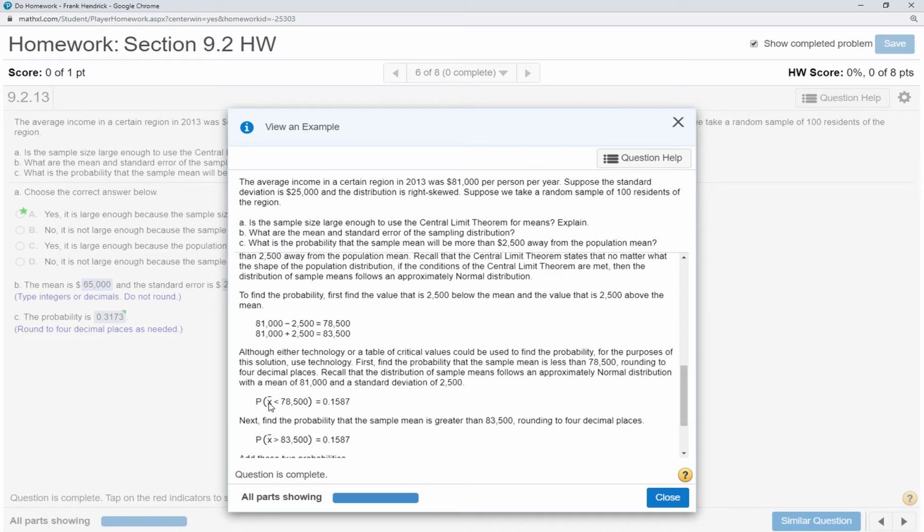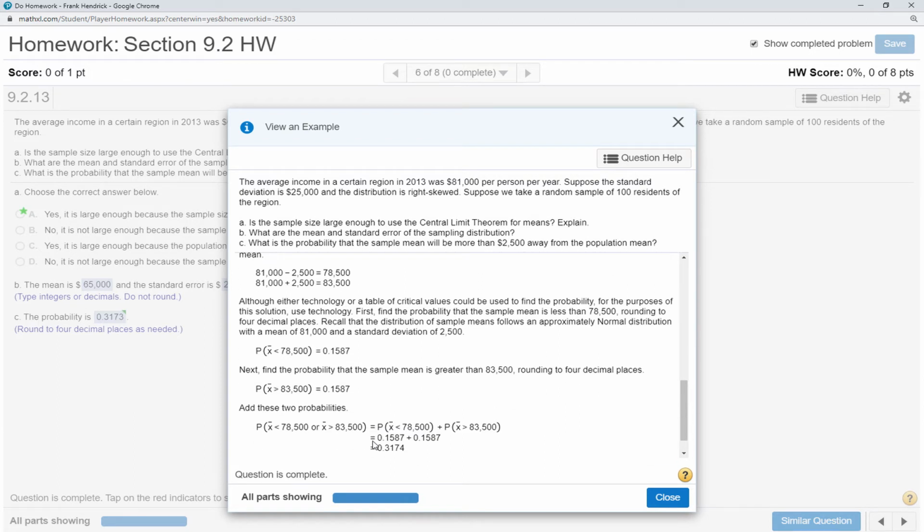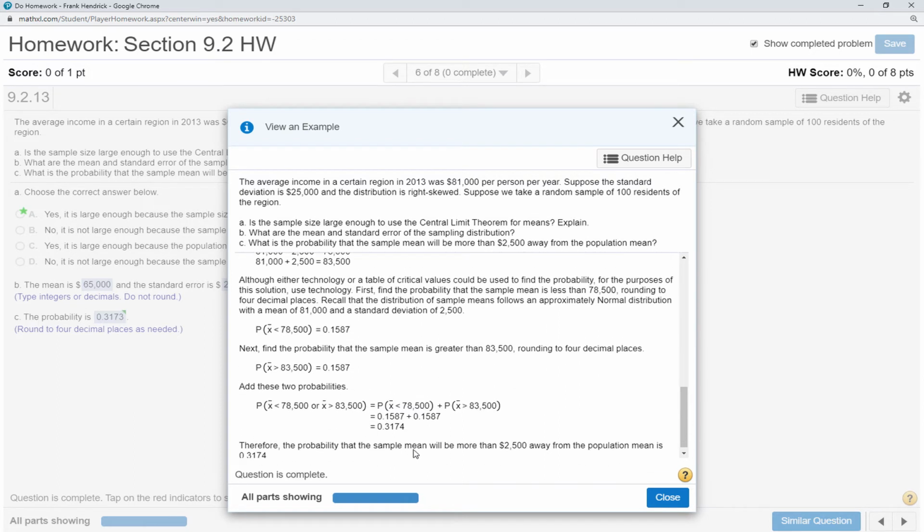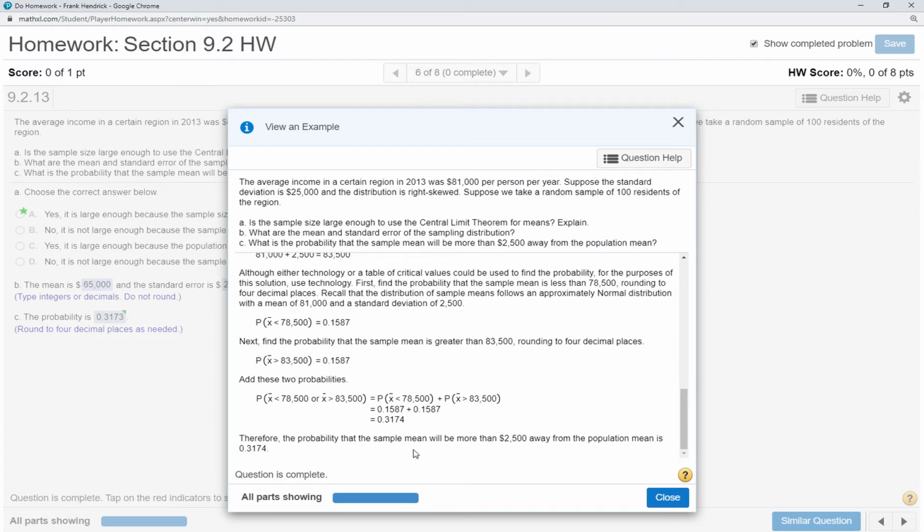The probability that it's less than 78,500 is 0.1587, and greater than 83,500 is 0.1587. You add those two probabilities together. Therefore, the probability that the sample mean will be more than 2,500 away from the population mean is 0.3174.